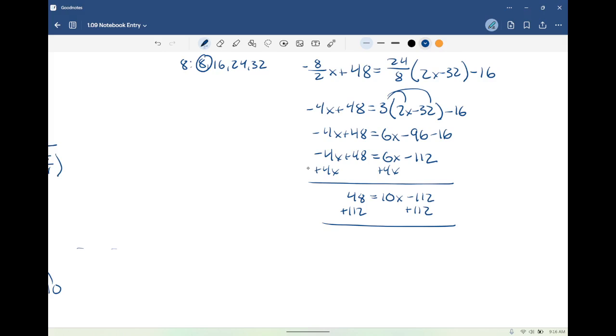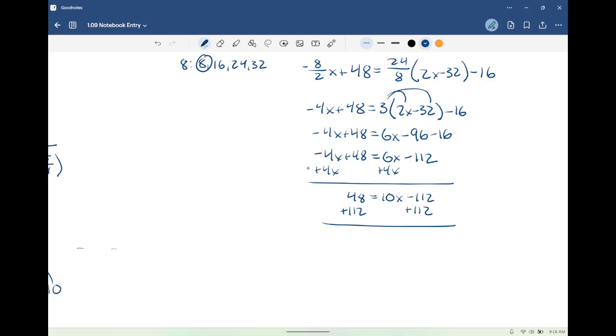After we clean up the right-hand side and combine the like terms, I now get to jump into inverse operations. We talked about this yesterday. I generally always opt to make my variables positive when I can, so adding the 4x to get a positive 10x.